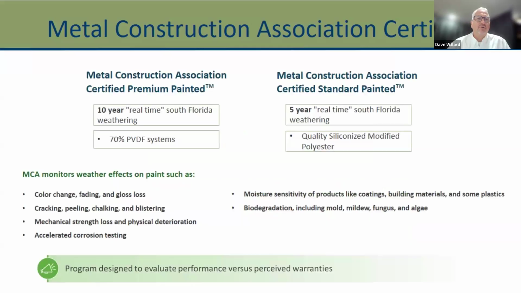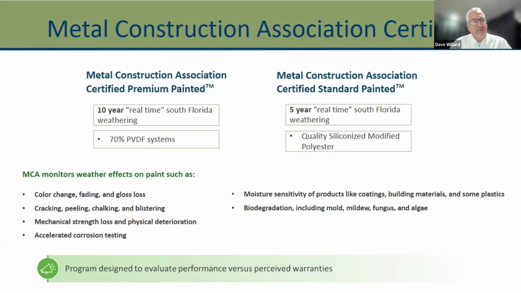They've been doing that by using real-time testing for the PVDF systems and real-time testing for the siliconized and modified polyesters. They're trying to make it so you don't have to beware every time you look at a warranty. The MCA monitors the weather effects on paint, like color change, fading, and gloss loss. They look at cracking, peeling, and chalking.